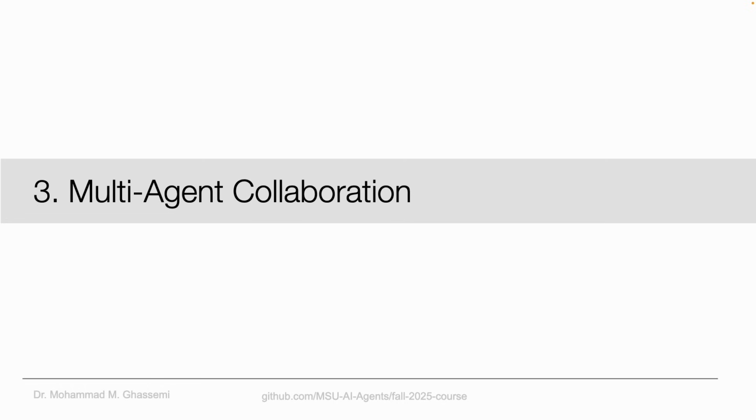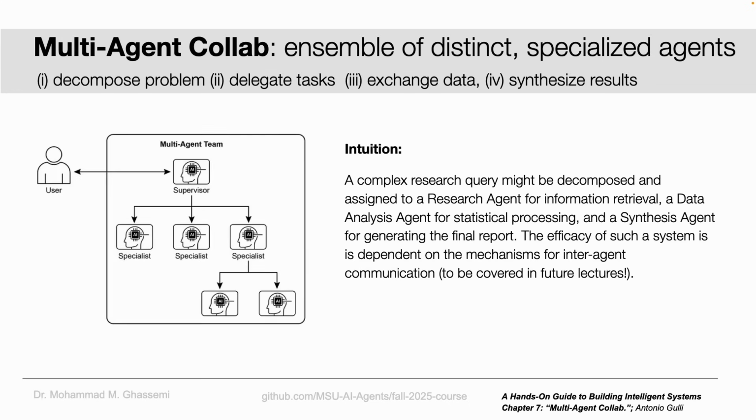Multi-agent collaboration is just an extension of the first two topics that we've covered in this lecture. So instead of having one agent that does some planning and has access to tools, we could have a set of agents that has access each to their individual sets of tools and does their planning process slightly differently.